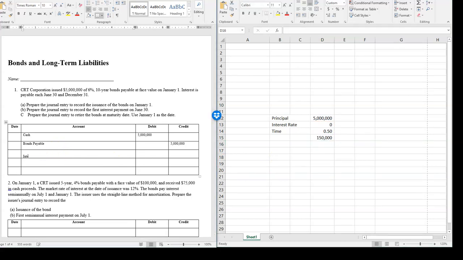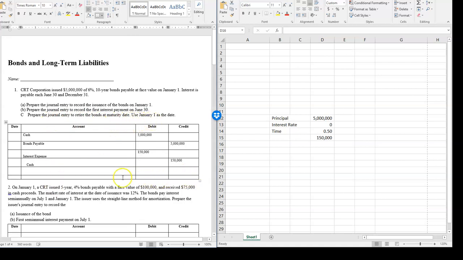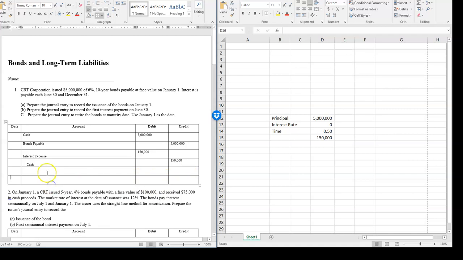Alright, so this is going to be interest expense of $150,000 and cash, because we pay it every 6 months. We write them a check. Alright. Then we're going to prepare the journal entry to retire the bonds at the maturity date. Alright, so when we do this, I need another spot. I'll make myself one.